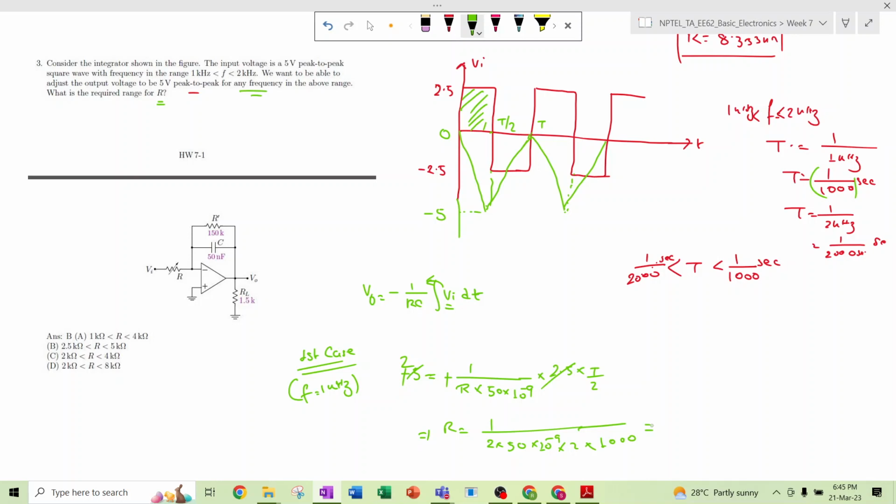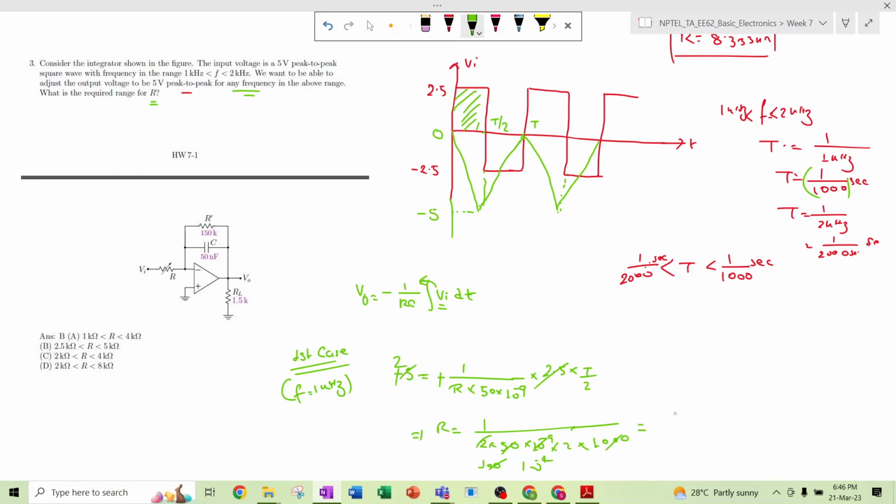If we calculate, 2 into 50 into 2 into 1000 into 10 to the power minus 9 gives 10 to the power 4 divided by 2, which is 5000 ohm.